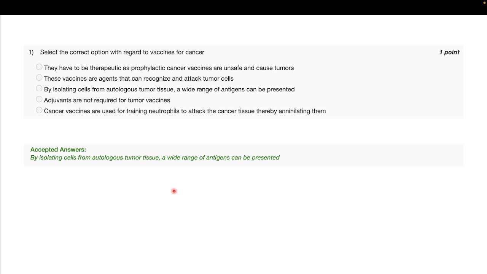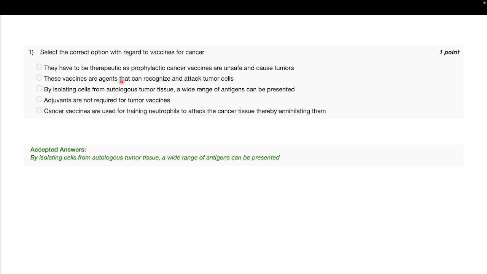The correct answer is actually option 3. If you just read about vaccines for cancer, we'll go through the options one by one. They have to be therapeutic, as prophylactic cancer vaccines are unsafe and cause tumors, which is not correct. We have seen a few examples of prophylactic vaccines which could be given for cancers caused by viruses.